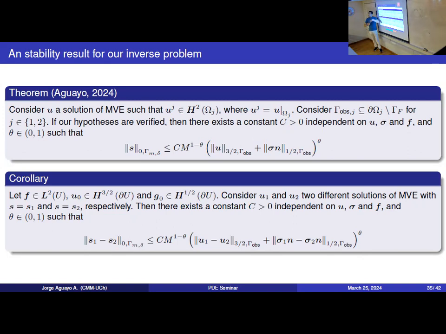On the surface, we impose one of the two boundary conditions. In our particular case, we impose this boundary condition, so this term disappears, and we only need to measure, in our case, just the displacement. On the other hand, if we impose this boundary condition, we need to measure this part. So the result is also good in the sense that it gives us more information about what we need to measure, depending on what our current information is.